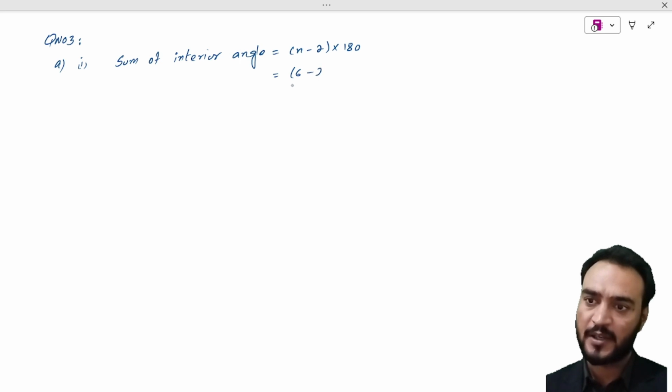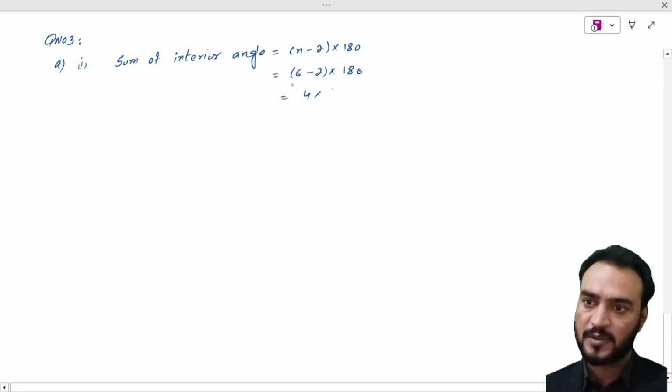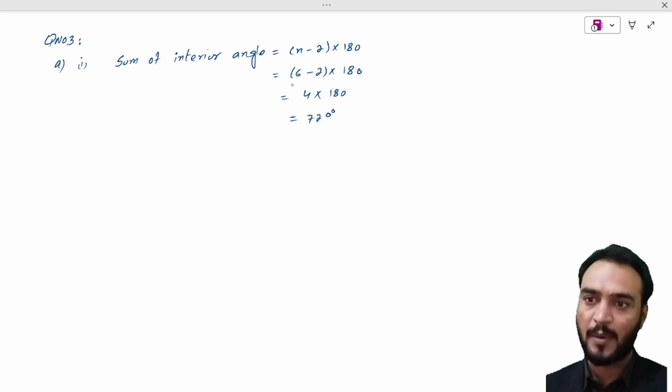So 6 minus 2 times 180 becomes 4 times 180. Multiplying 4 with 180, we get 720 degrees. So the sum of interior angles of a regular hexagon is 720 degrees.